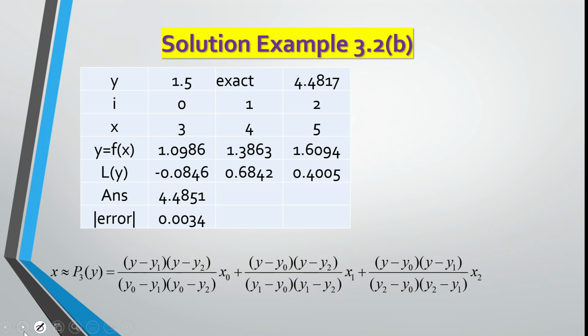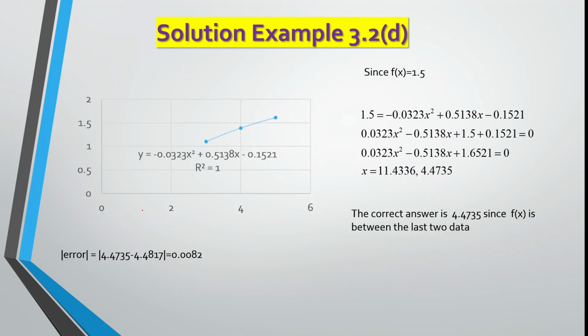Then another one is fitting the polynomial. To get this quadratic equation, you can take only 3 points. If you take all the points, you can still fit a quadratic equation, but the equation will be different. Okay, and I will show you the last one.